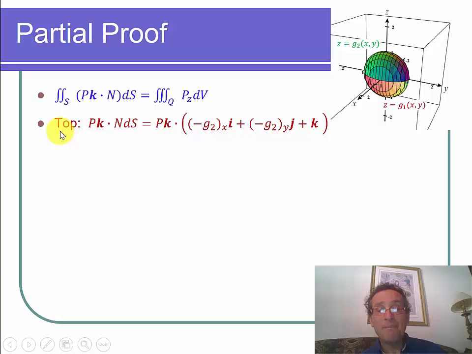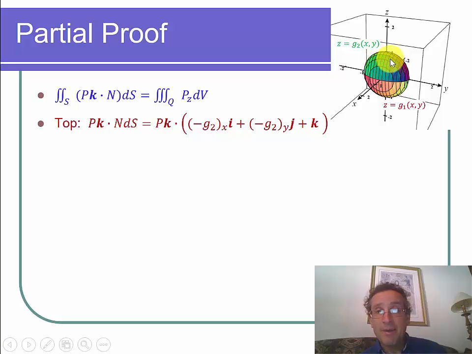So let's start with the top. So the top integrand is Pk dot n dS. So that is Pk dot, and now let's look at n. If we're looking at the top, that is z equals g2 of xy.